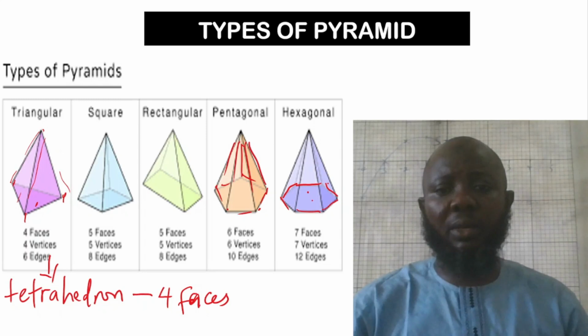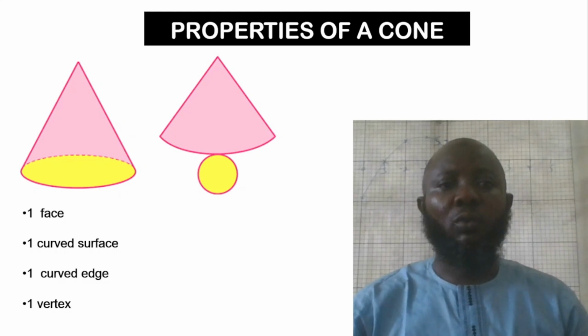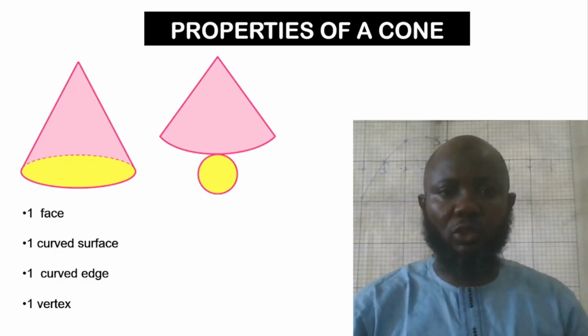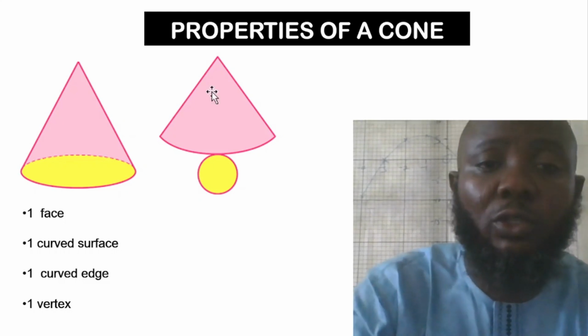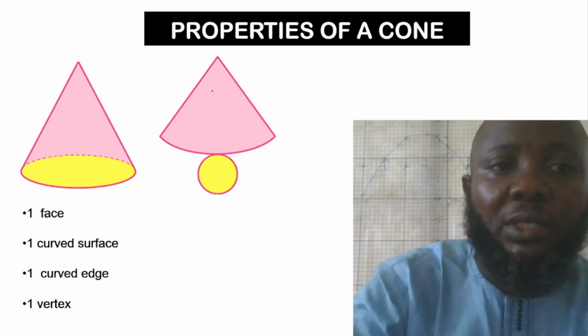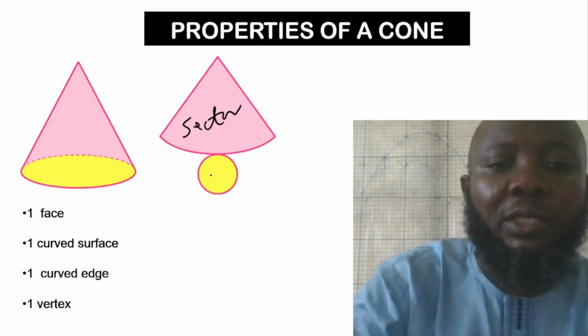The next one here is cone. Under cone, when you open a cone, it's made up of a sector and a circle. A cone is made up of what? A sector of a circle. This is a sector, and this is a circle.